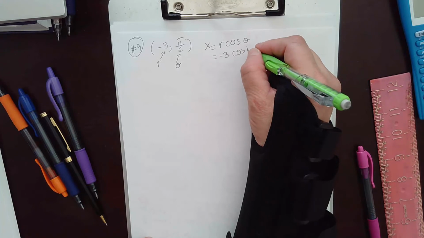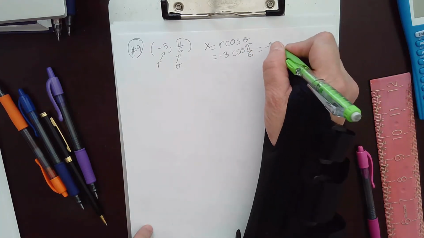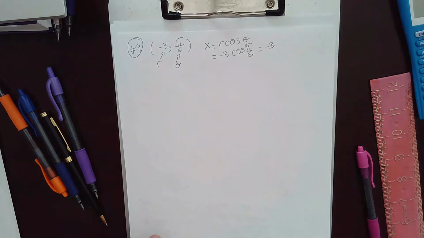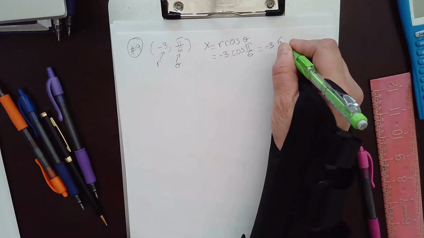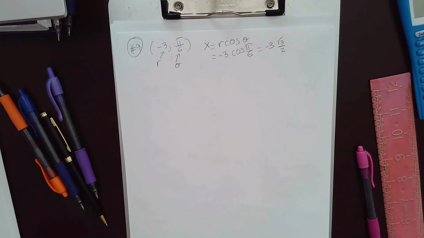Theta is pi over 6. So -3, we already know what cosine pi over 6 is, remember, root 3 over 2. Sine pi over 6 was 1/2. Cosine pi over 6 is root 3 over 2. So this is -3 root 3 over 2.